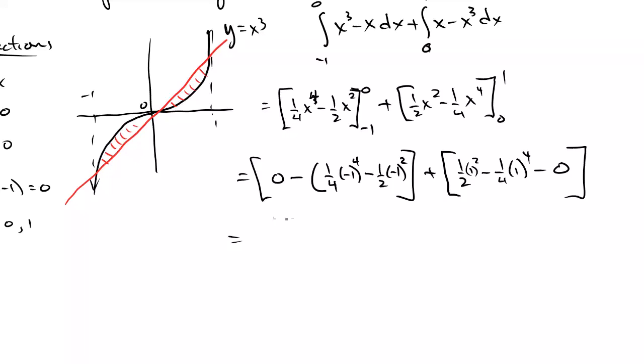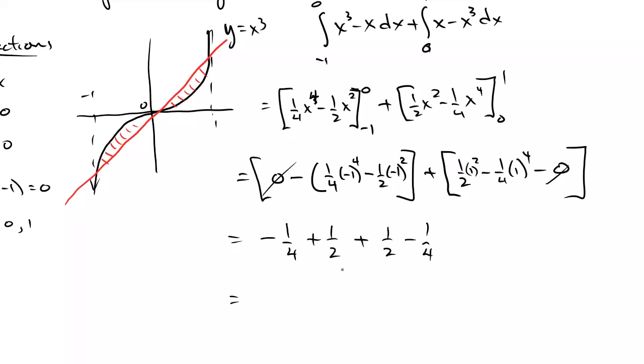I'm going to go ahead and take the brackets off. I'm going to get rid of this 0. I'm going to get rid of that 0. I have 1/4, and (-1) to the 4th power is going to be a 1, minus 1/4. Distribute the negative, giving us plus 1/2, plus the second term now, 1/2 minus 1/4.